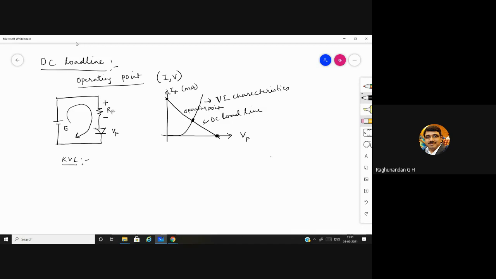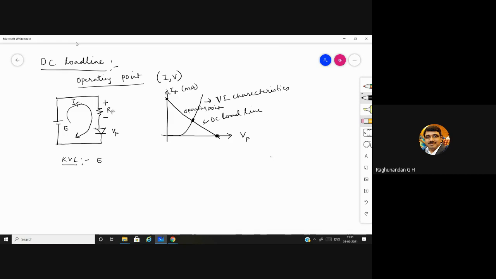You know that plus to minus gives out minus, minus to plus gives out plus. Now applying KVL to this circuit, going from minus to plus gives E, and coming out here, let us assume the current flowing here is IF.